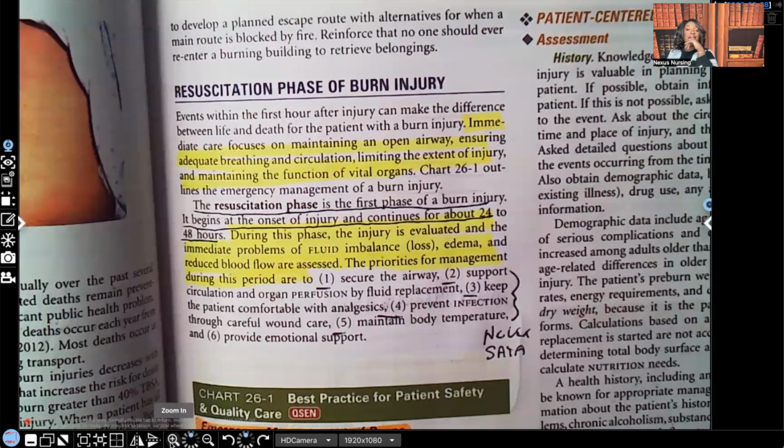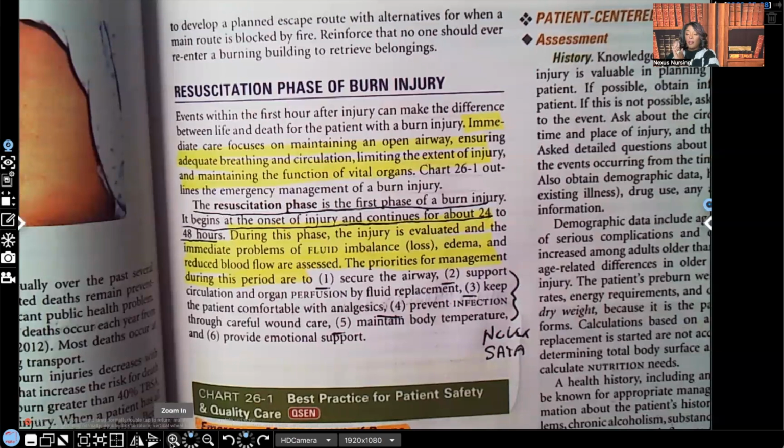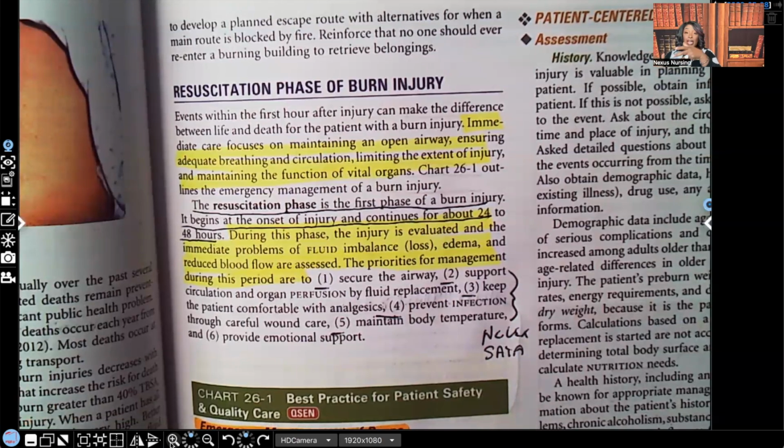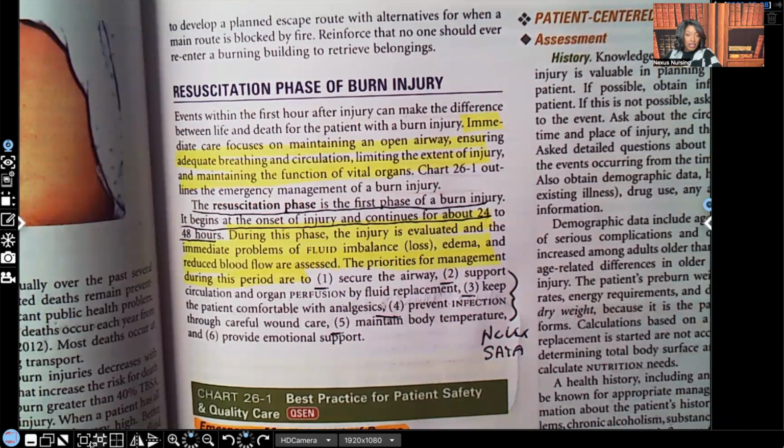All right, the resuscitation phase of burn injury. Remember in part 1, I talked about how that burn patient is extremely dehydrated because all of the fluid and protein that was in the vascular space has left the vascular space and gone into the interstitial space, okay? So now the resuscitation phase of burn injury.